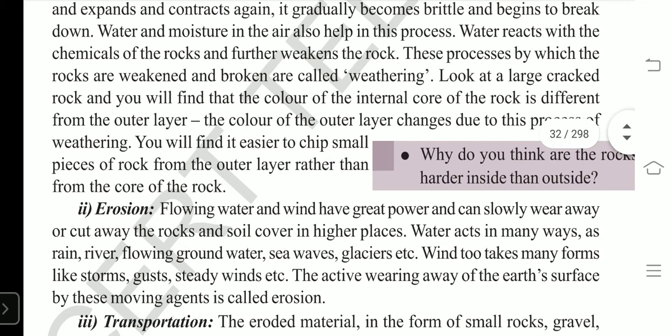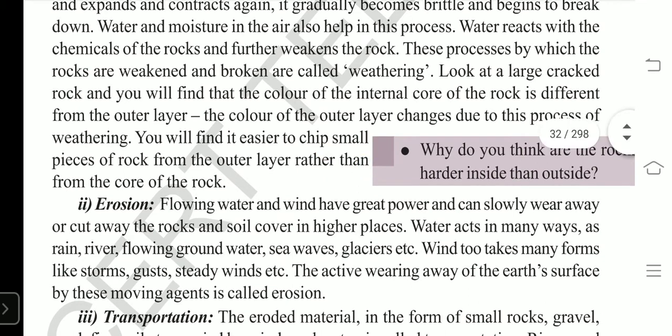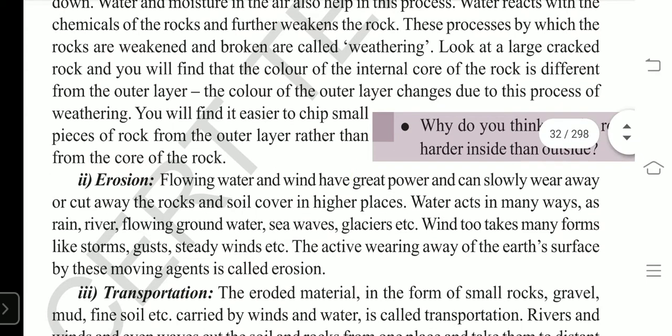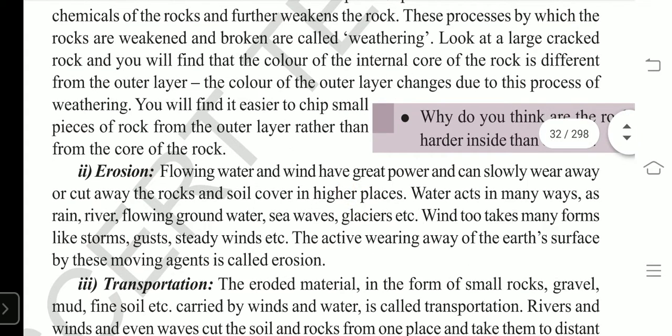Next, we'll see erosion, right? The flowing water and wind, these two have a great power to slowly cut away, wear away the rocks and the soil cover in higher places, right? For example, from the top of the mountains, if the water is flowing, what do you see?